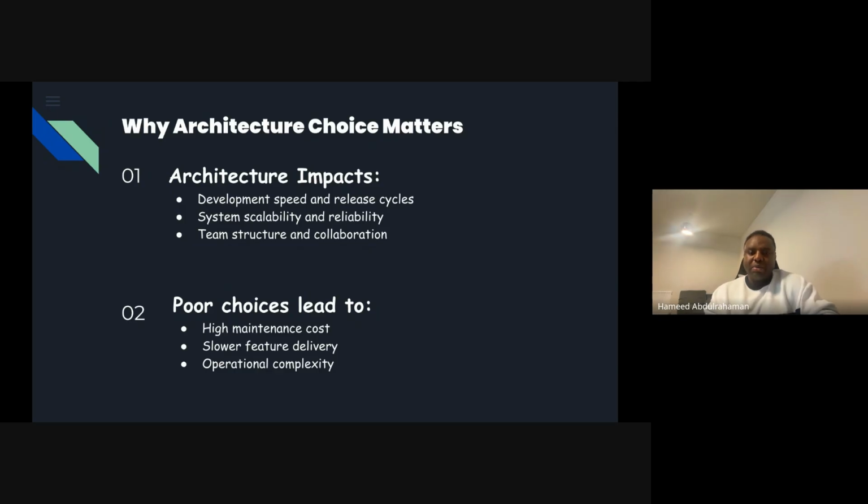So you're thinking about downtime, you're thinking about the trade-off regarding reliability of your platform, and you're thinking about fault tolerance of your actual platform. And also, we think about the team structure itself and collaboration. The number of people in the team takes precedence whenever you're thinking about these architectural patterns or selecting the one you want.